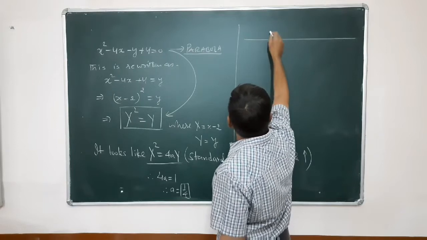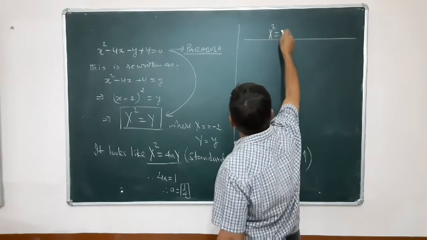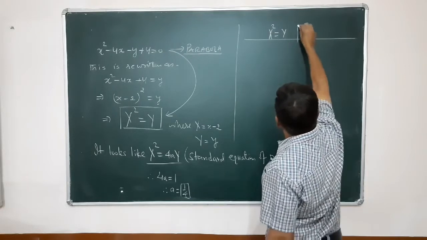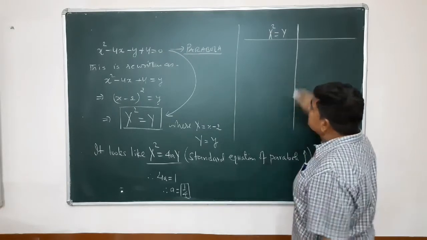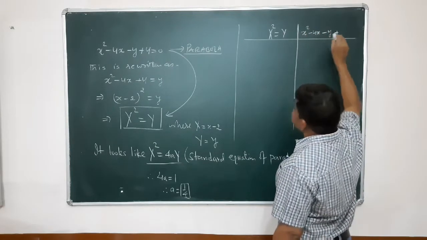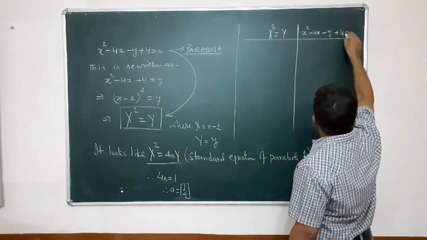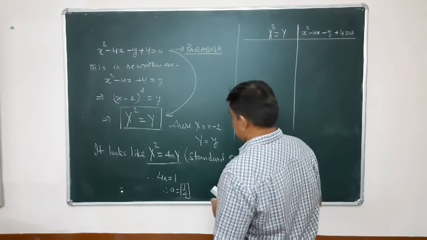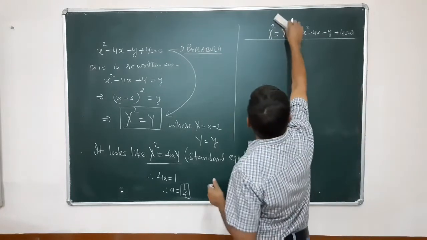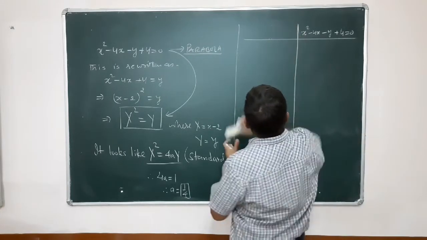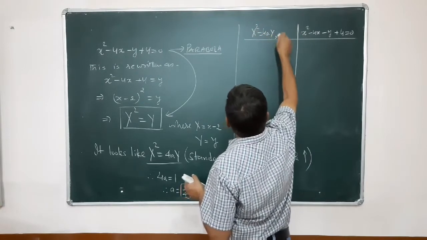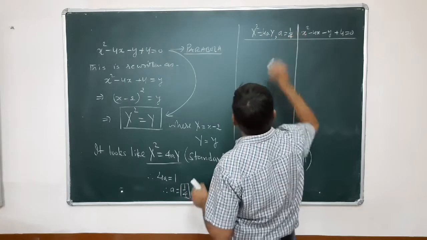First I write this equation, x square equals to y. Then second, x square minus 4x plus 4 equals to 0, or x square equals to 4a by a plus 1.